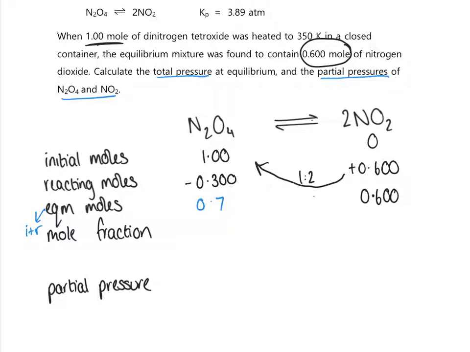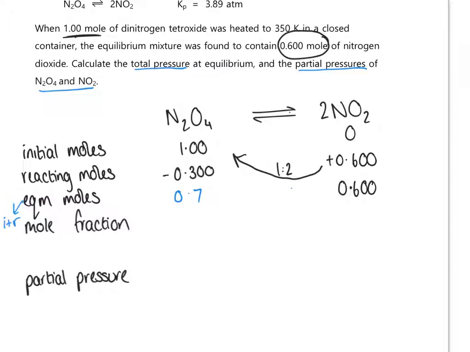Mole fraction then is your number of moles over the total number of moles. So I need to, off to the side, work out my total moles. Total moles is going to equal 0.7 plus 0.6, which is 1.3.